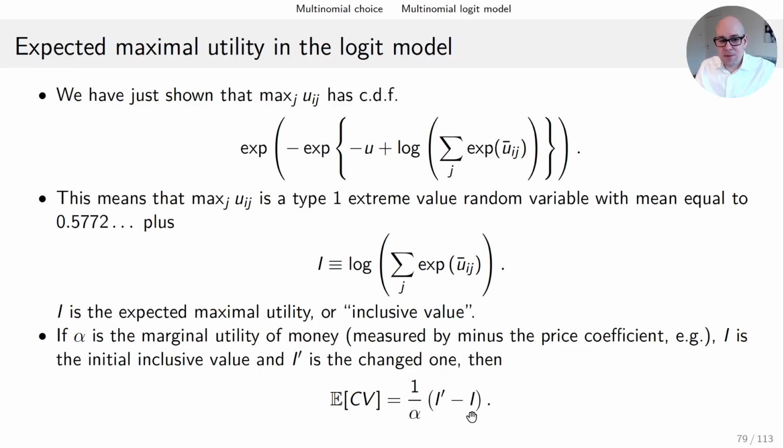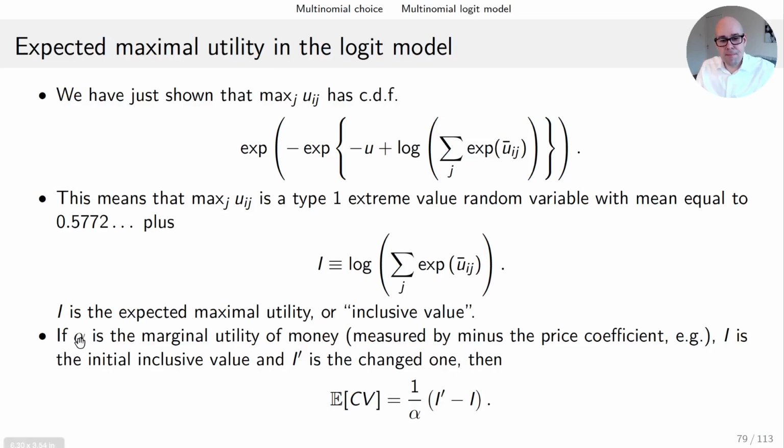And then what I can do is I can actually translate this into units of money. How can I do that? Well, if I estimate the marginal utility of money, for instance, by having the price as one of the characteristics of the alternatives, then it would be the coefficient on the price.